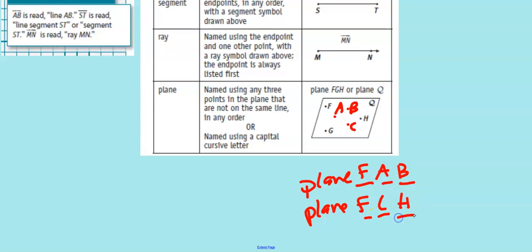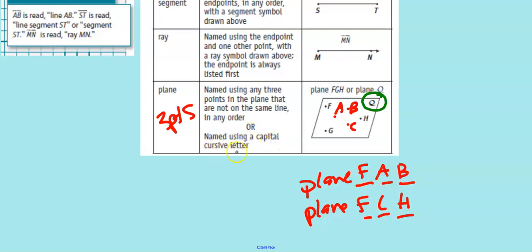Those are all 3 points. Any 3. You cannot put plane FCHAB. You can only pick 3. Just like a line, you can only pick 2. Now, maybe I shouldn't have said any points you want because Q, notice, is not a point. So I could not have put Q in here. Only 3 points.